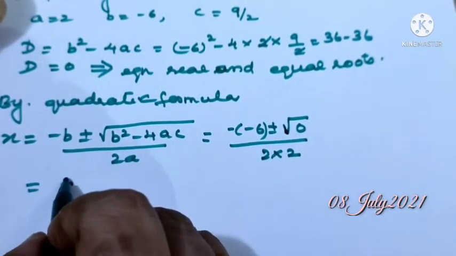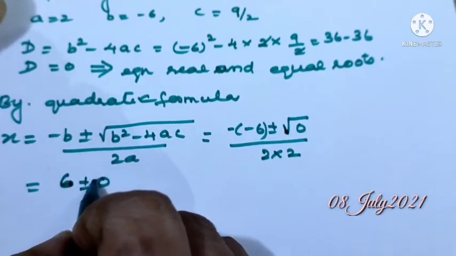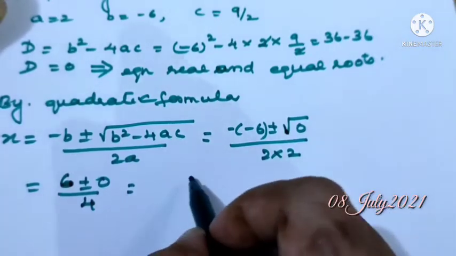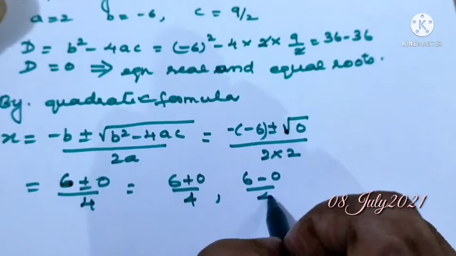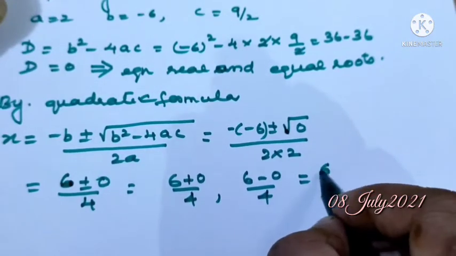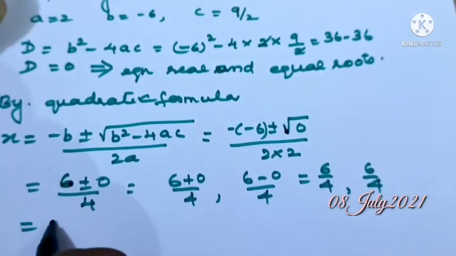So minus of minus 6 means plus 6, plus or minus 0 divided by 4. That means 6 plus 0 by 4 and 6 minus 0 by 4. It is equal to 6 by 4 and 6 by 4. So what are the values? 3 by 2 and 3 by 2.